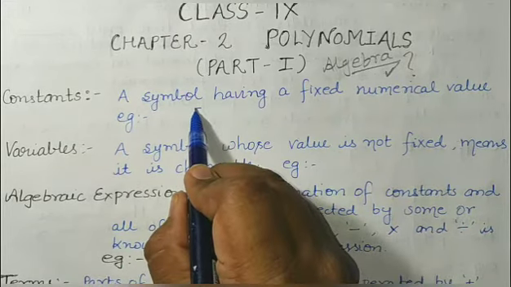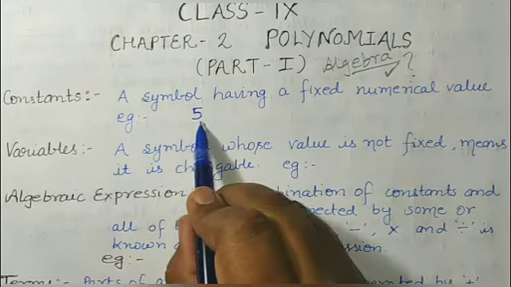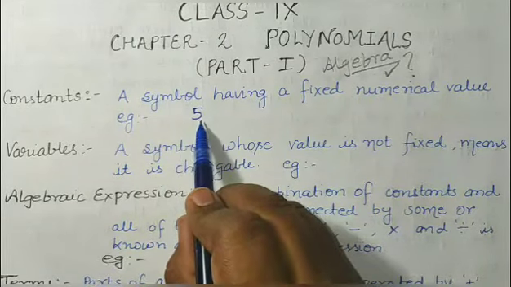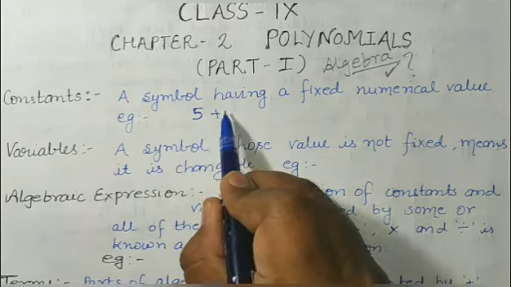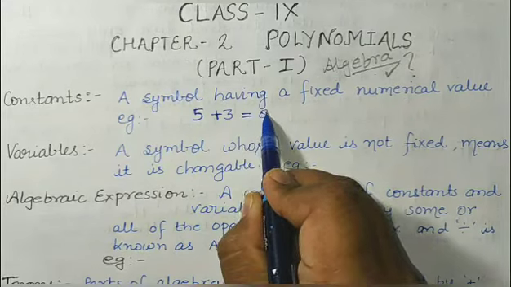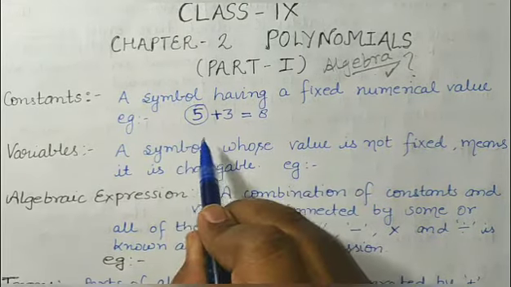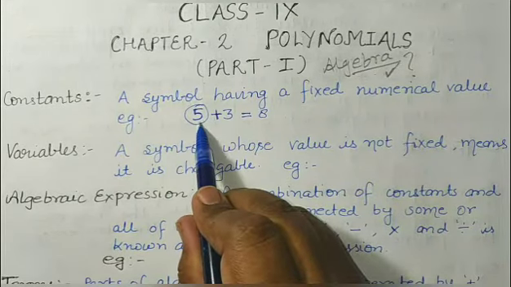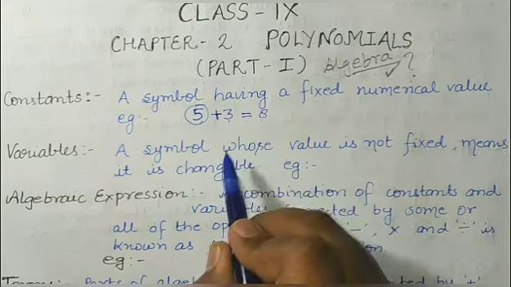Like if we write 5, its value is fixed, its value is 5 only. If we write 5 plus 3 is equal to 8, we cannot replace this 5, meaning there will be no other number to which if we add 3 we will get 8.